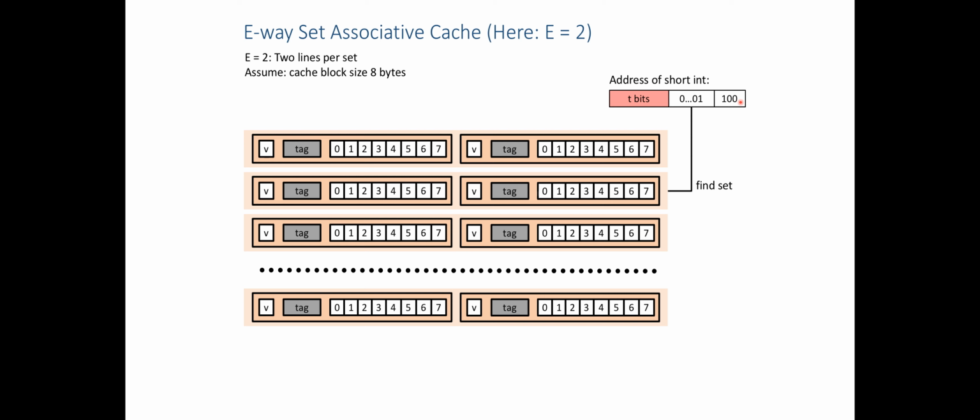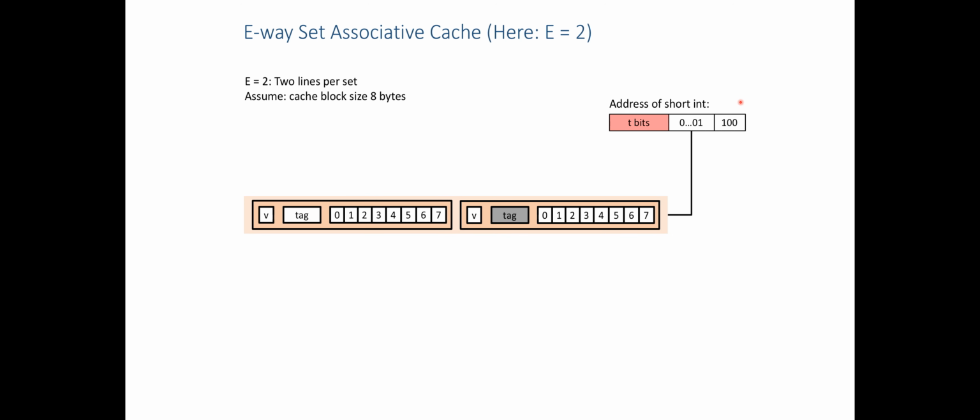If we have a particular address, the first thing we do is get to the right set. Once we've zeroed in on that particular set, we look at the tag bits and compare them. This is a pretty fast operation on our machine, so it can be done as I'm showing here, comparing them all at the same time and figuring out which one, if any, actually matches.